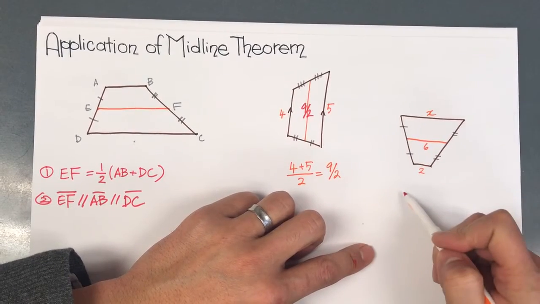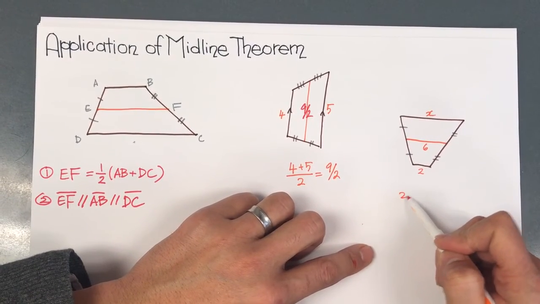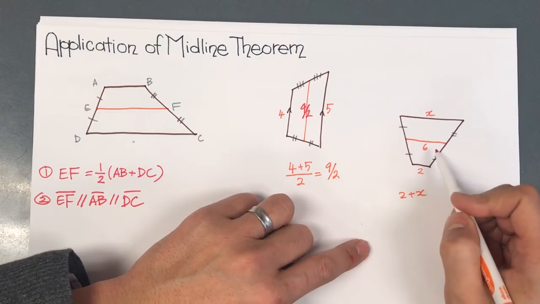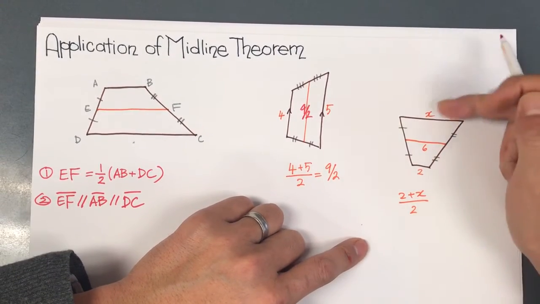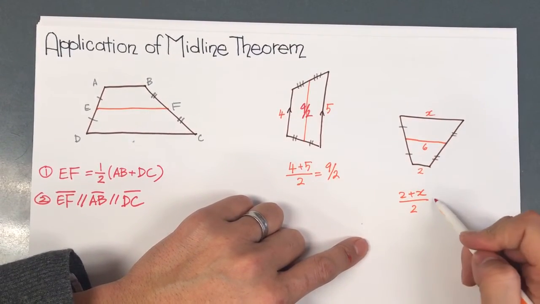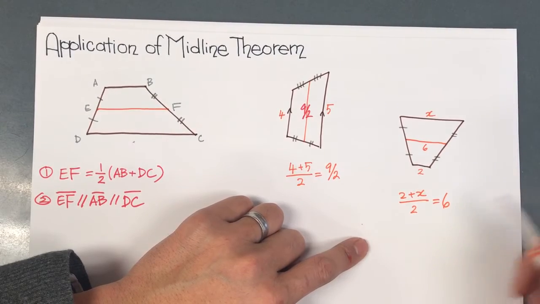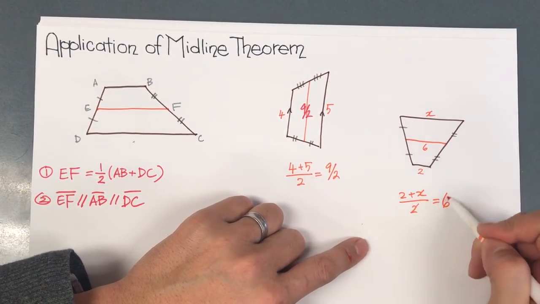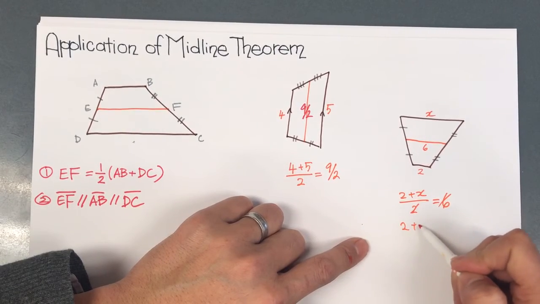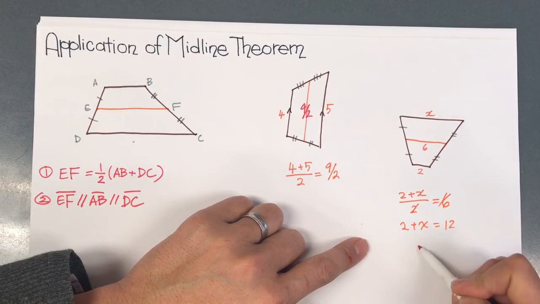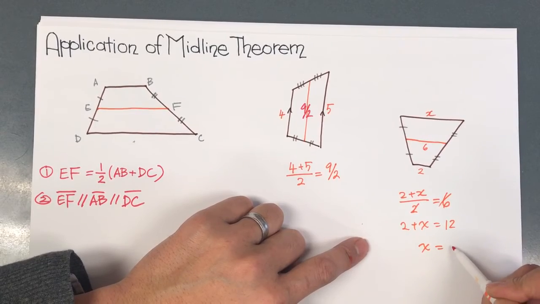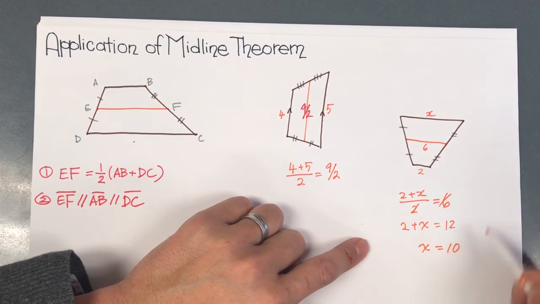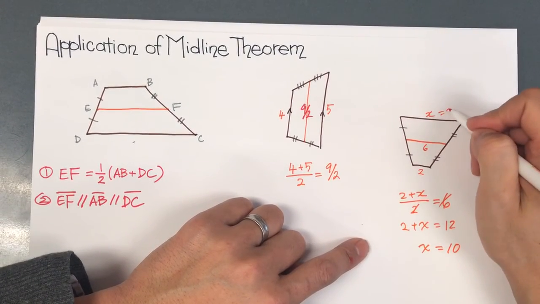So 2 plus x divided by 2 should be 6. And then you just do the basic algebra: multiply both sides by 2, and then subtract 2 from both sides, then you get 10. So x should be equal to 10.